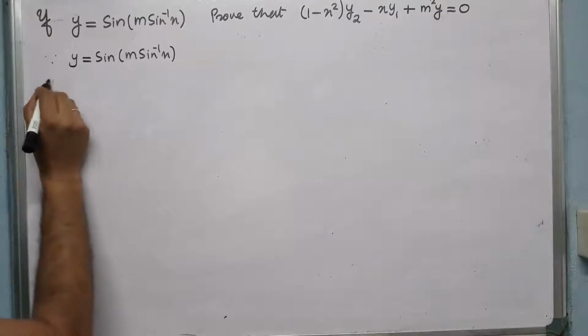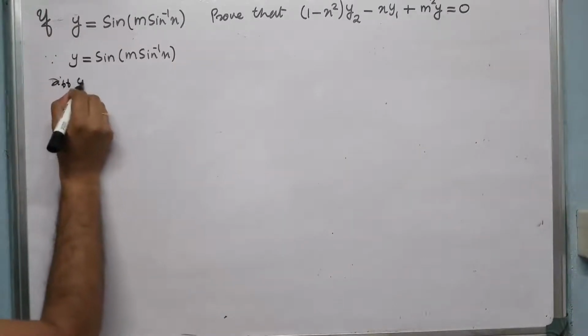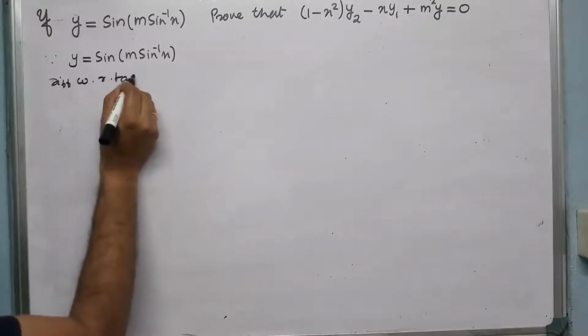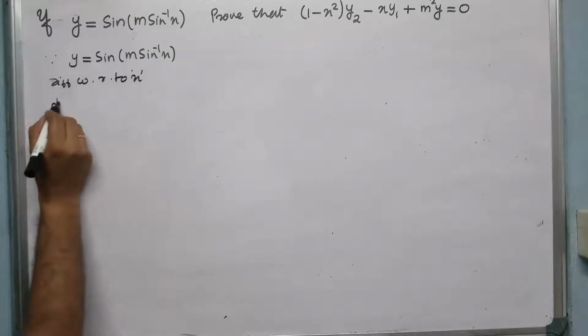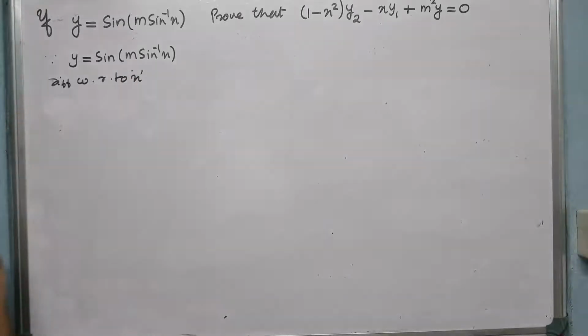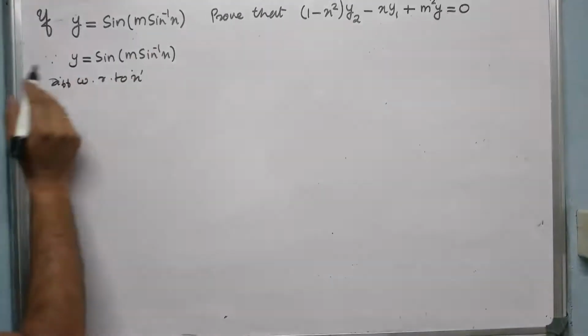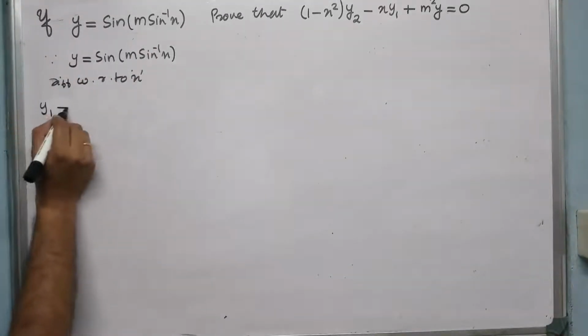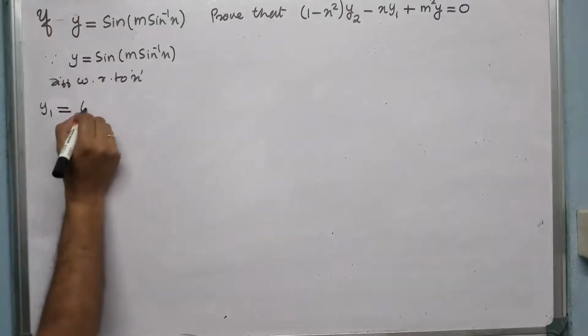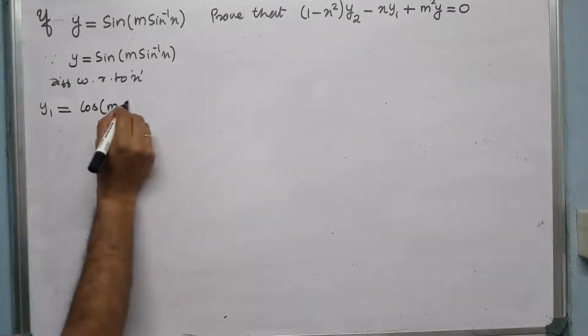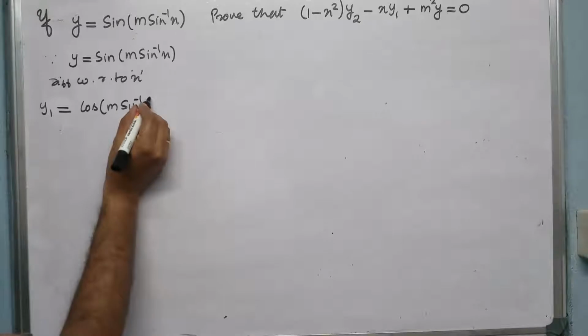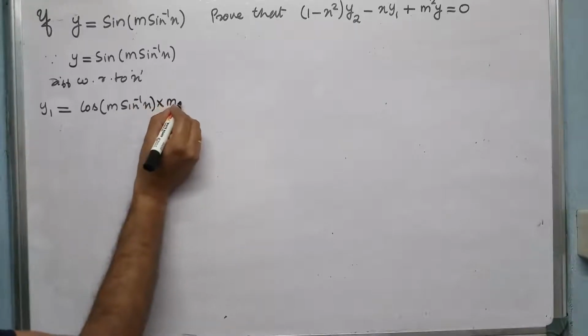First of all, you have to calculate the first order derivative, differentiating with respect to x, dy upon dx. Instead of writing dy by dx, the given notation is in terms of y1 and y2, so I'll write the first order derivative as y1. The derivative of sine is cos of m sine inverse x into m.